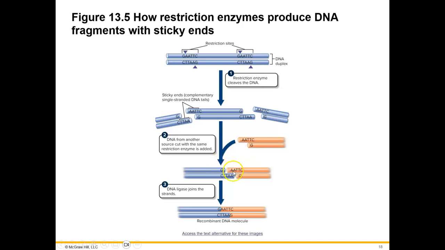There will be a natural affinity between these strands because of that, and because of the way that their nucleotides align with each other as well. Then we add DNA ligase, and suddenly we have recombinant DNA, where we have inserted new genetic information into a strand that has old genetic information as well.